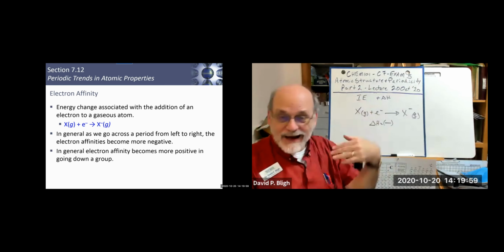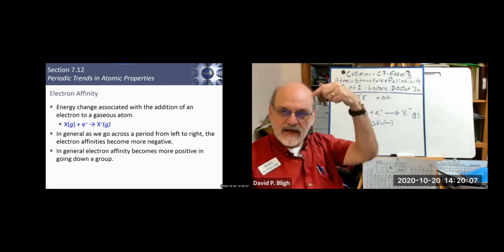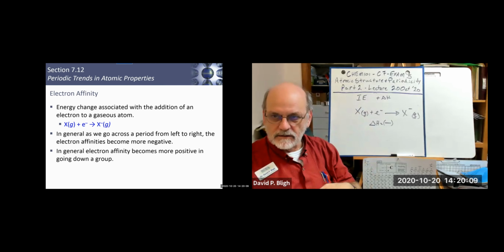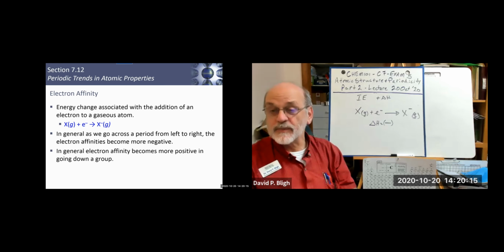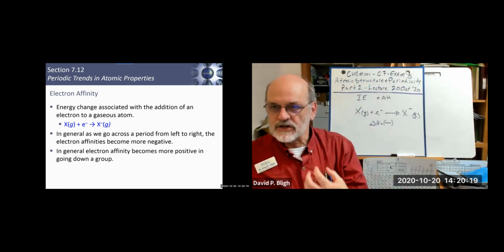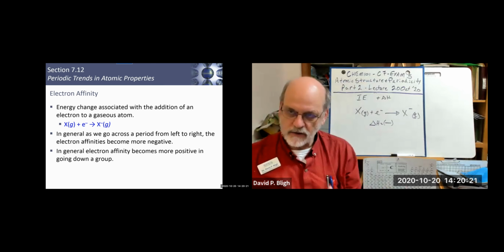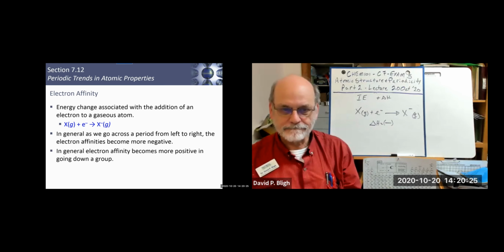From top to bottom, the electron affinities become more positive. That is, they're less likely, as you go down a group, to be attractive to electrons. And that's because the influence of the nucleus is shielded by lower energy electrons that are already there. Okay.